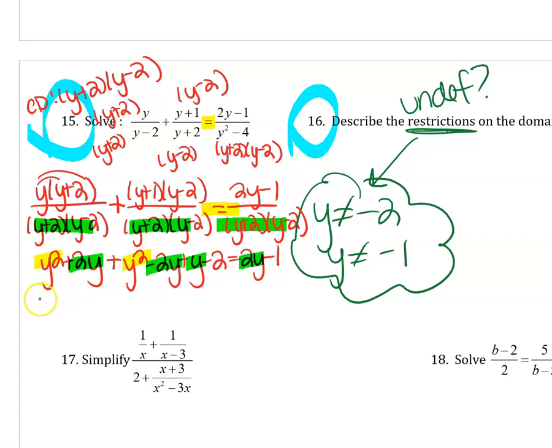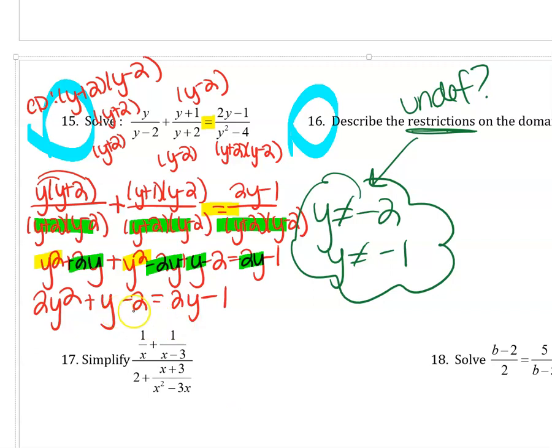So y squared and y squared is 2y squared. 2y minus 2y would drop out and go to 0, but then you have a plus y minus 2. Now don't forget you're going to want to subtract the 2y. So y minus 2y is minus y, and then add over the 1.